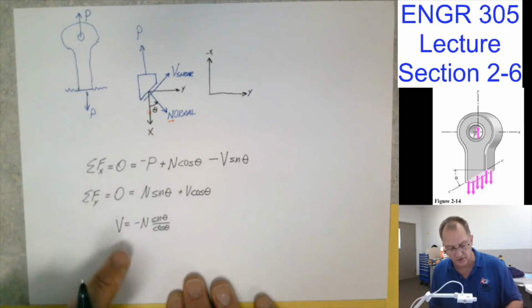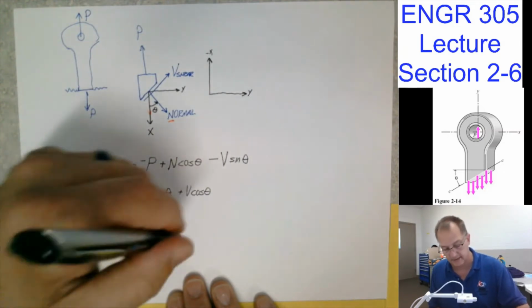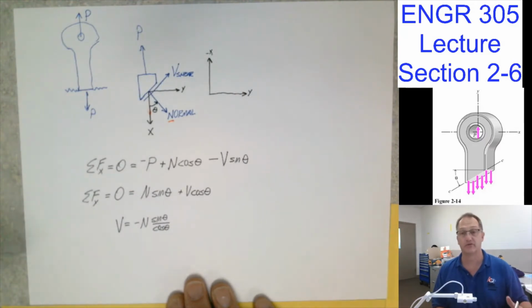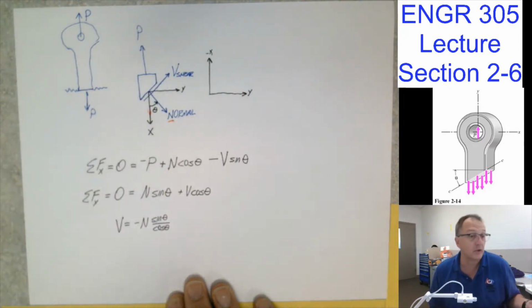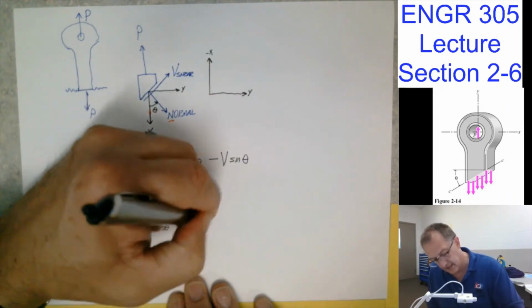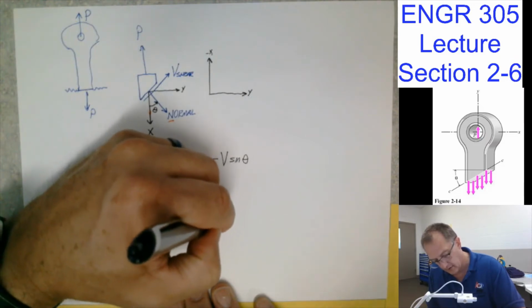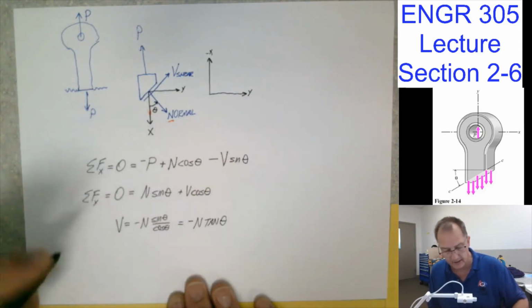Now, the reason I chose to do that is because that gave me tangent. Otherwise I'd have to do 1 over tangent, because cotangent, it's trig. It's been too long. Just, no. So V equals minus N tangent of theta. And then I can substitute that in up here.